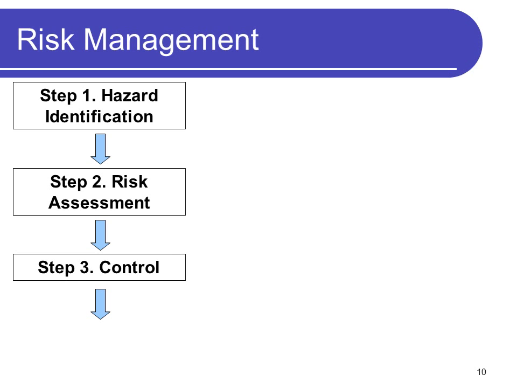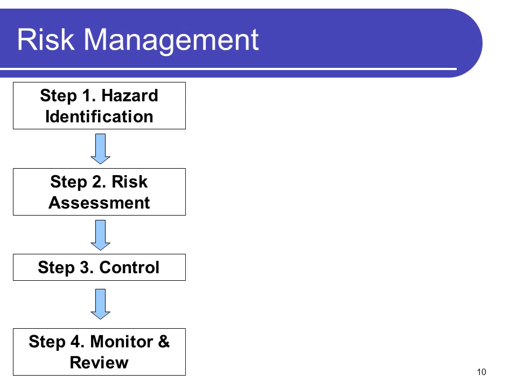And then step number 3 is the control. If the hazard or the risk is too big to deal with without controls in place, then we need to provide controls in order to reduce the risk level.